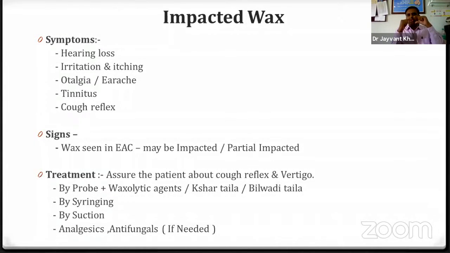If you make a pocket on the posterior side or superior side, then the normal saline easily passes through that pocket, and after that the wax gets removed by the syringing method.